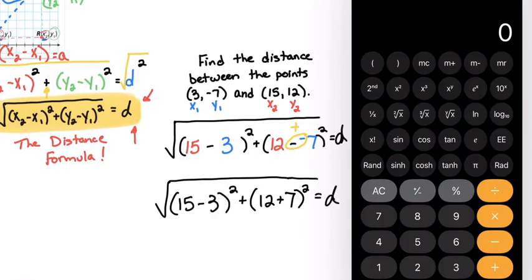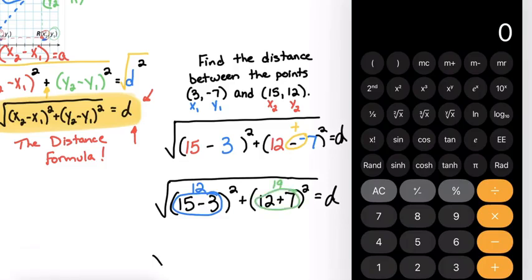But you can put this entire thing in the calculator just like that. If you're a little worried about your calculator skills, there's no reason you can't keep going and simplify it even more. 15 minus 3 is going to give us 12. And 12 plus 7 is going to give us 19.